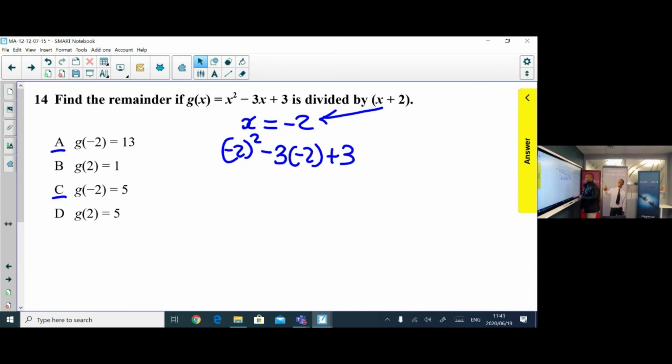So if you do your computation correctly, you see that you have 4 plus 6 plus 3, which will give you 13. So your answer eventually is A. Your remainder will be 13, as we have shown.